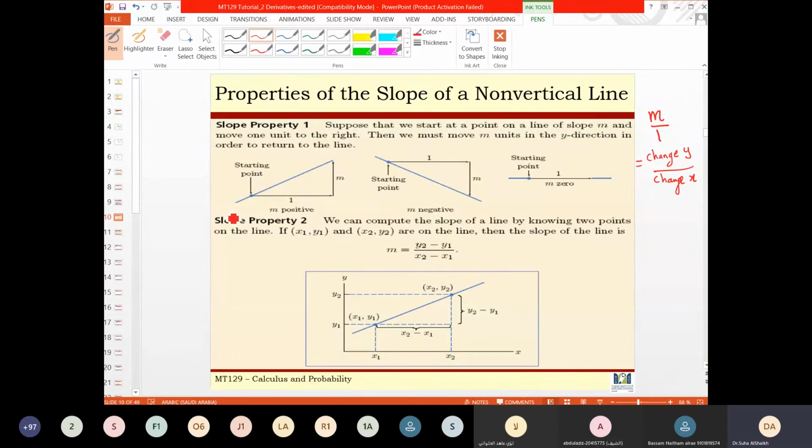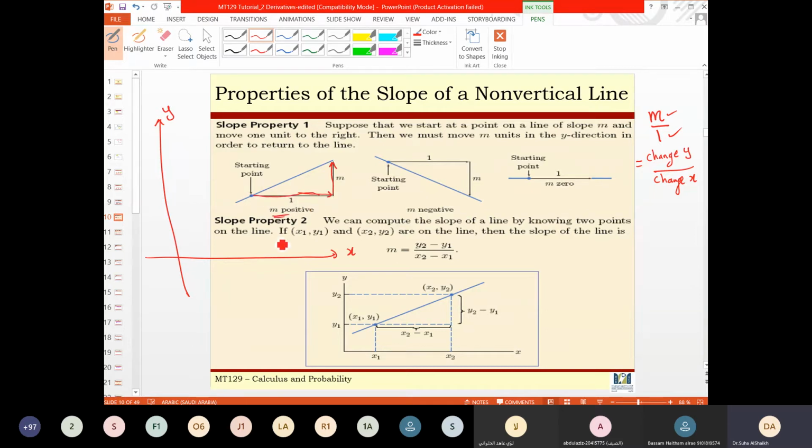So if I want to draw it, this is my x-axis and this is my y-axis. So the amount of change in y over the amount of change in x. The change in y is m and the change in x is 1. So we move in the y direction by m and in the x direction by 1.